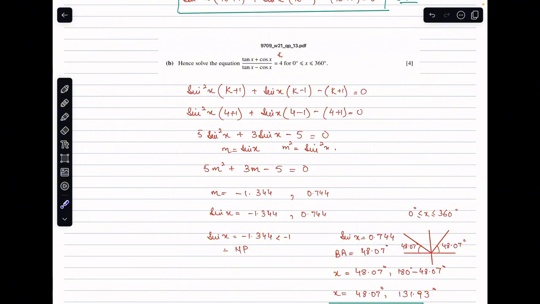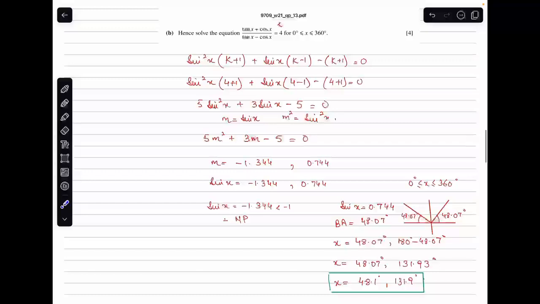It's positive. The domain given to us is from 0 to 360 degrees, all 4 quadrants. Locating the 2 quadrants for positive sine x, it should be the first quadrant and the second quadrant. The next step is to get the basic angle, which comes out to be sine inverse 0.744, which is 48.07. The basic angle in both the quadrants is 48.07.